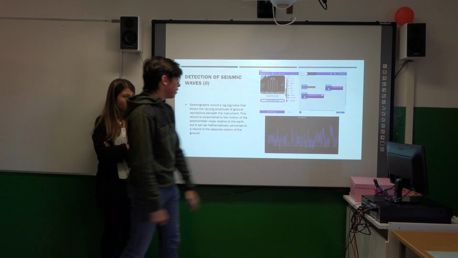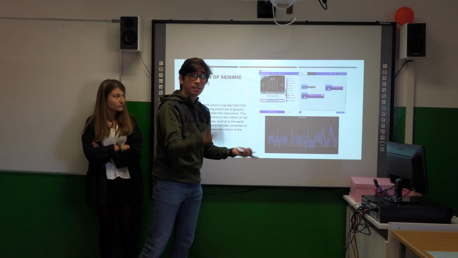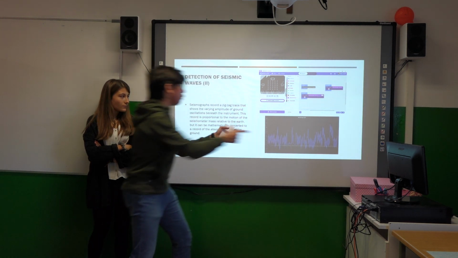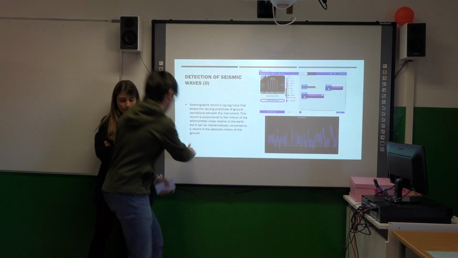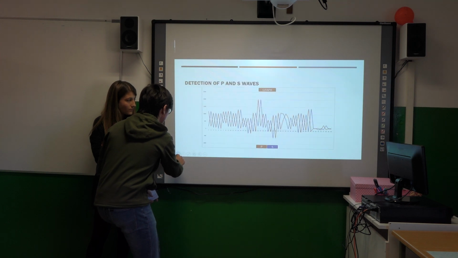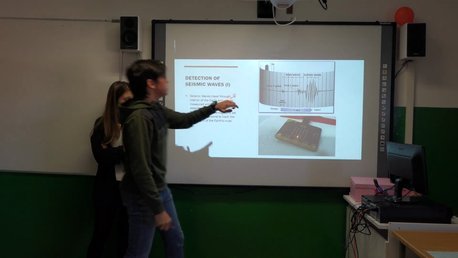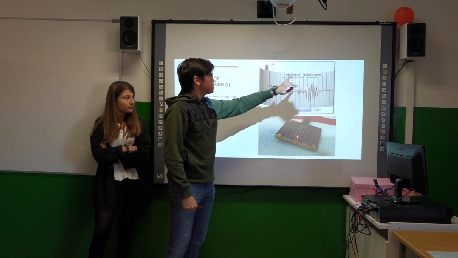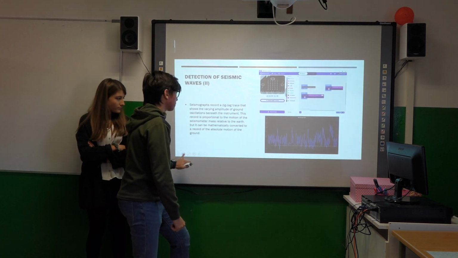Seismographs record a zigzag trace that shows the varying amplitude of different waves, and as I explained in the last slide, you can distinguish very well between body waves and surface waves.